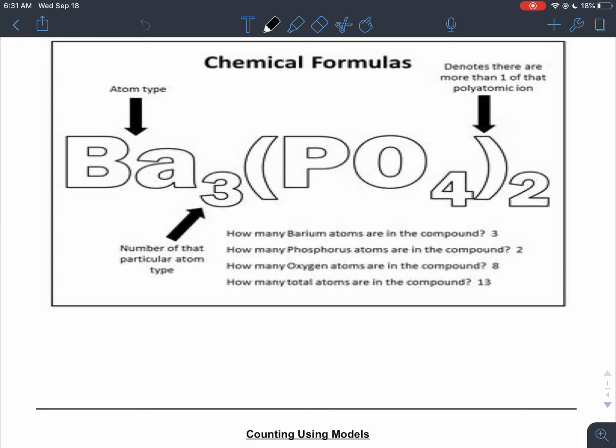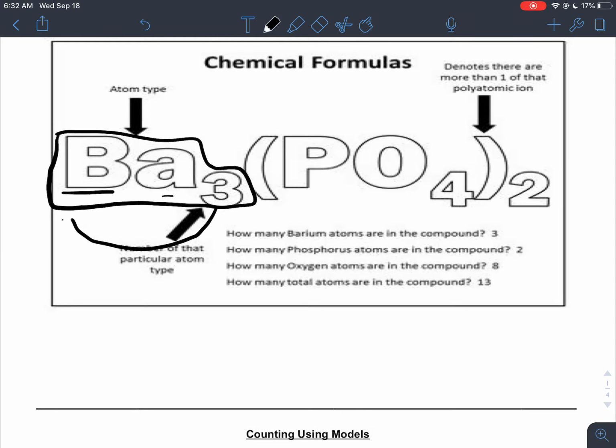So to start, if we're just counting how many atoms are here, first thing I want you to do is box this in, Ba3. I know that this is one element because I have a capital and a lowercase, Ba3. And because there is a subscript of a 3, we know that there are 3 atoms of barium in the compound.